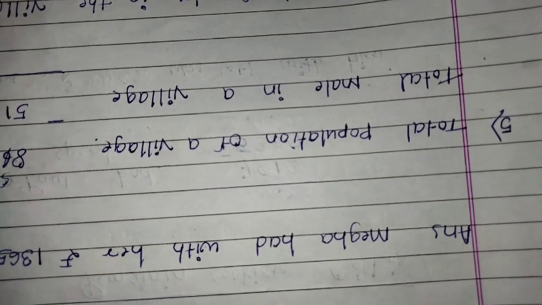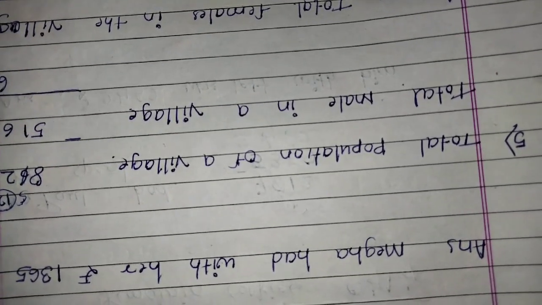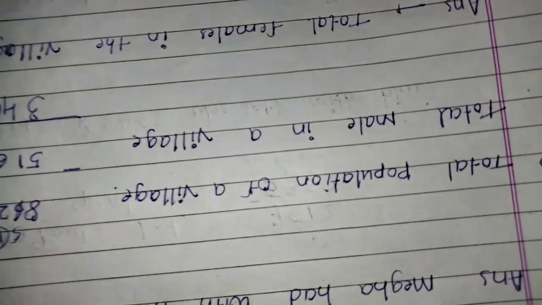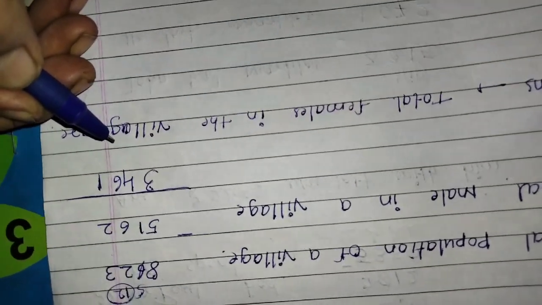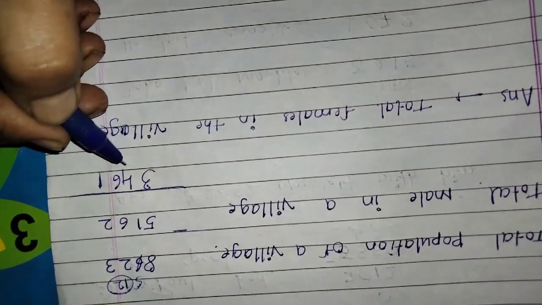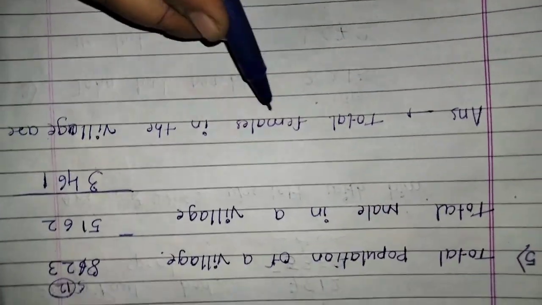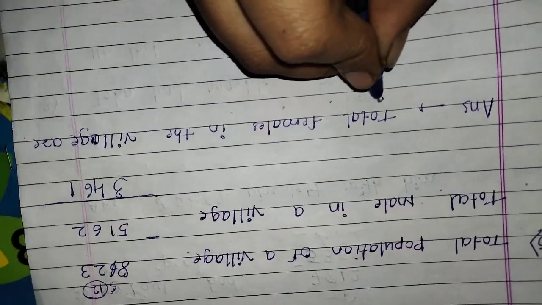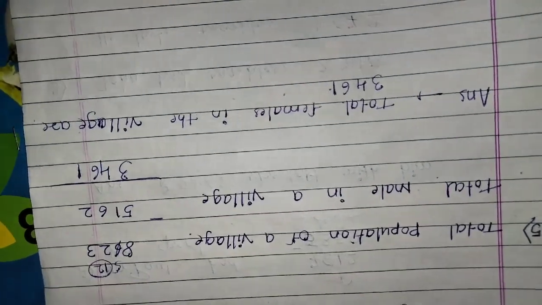Then 5, here 12, 6. 5 minus 1, here 4. 8 minus 5, here 3. Total females in the village is 3,461. Then the answer you have to write: total females in the village are 3,461. I hope you understood.